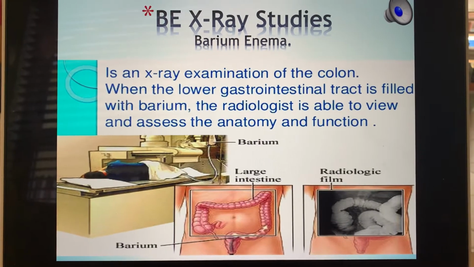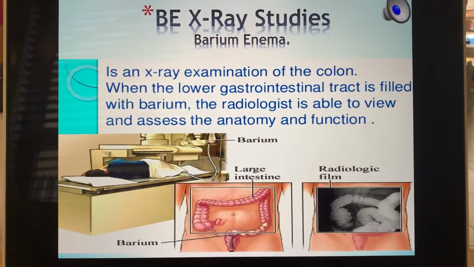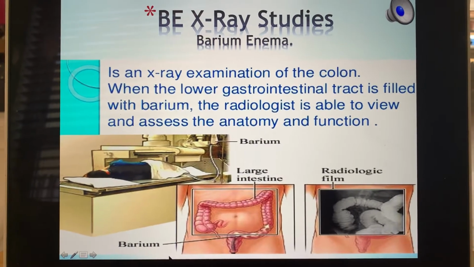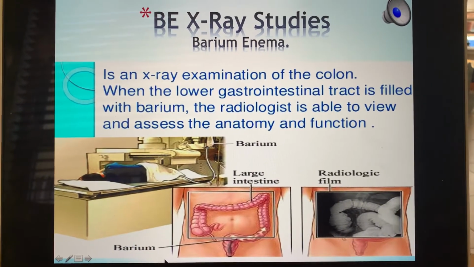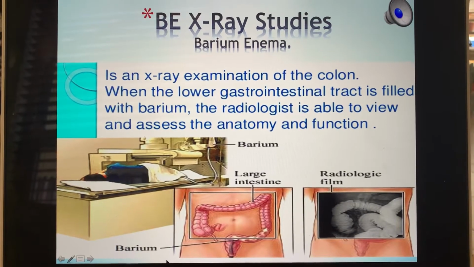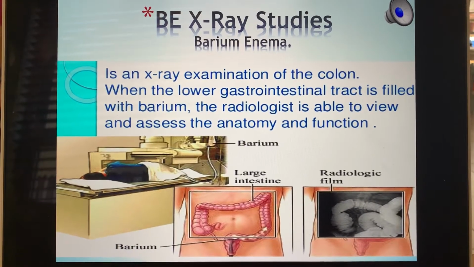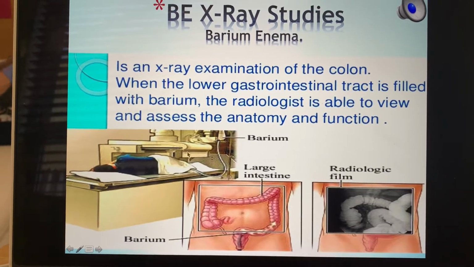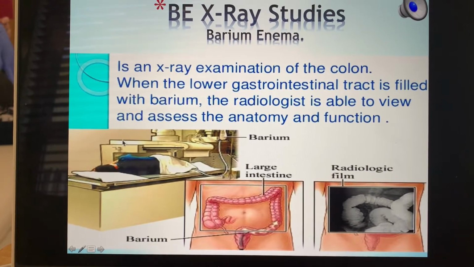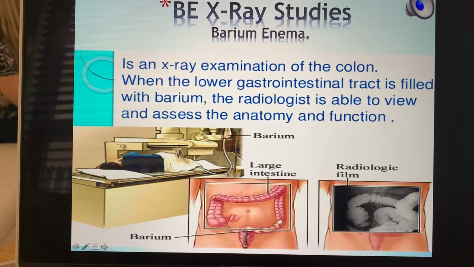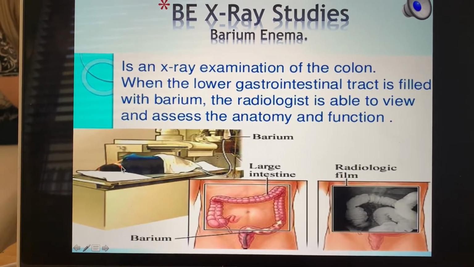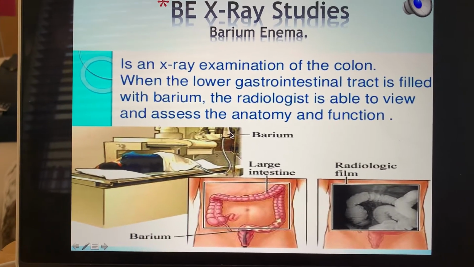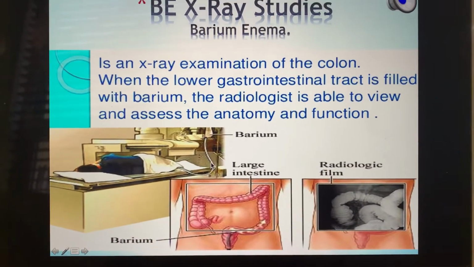BE X-ray studies, which is a barium enema, is an X-ray examination of the colon. When the lower gastrointestinal tract is filled with barium, the radiologist is able to view and assess the anatomy and function. Here we have a picture where you can see how the patient is lying down on the bed, and then it's done through fluoroscopy. We can see the bag of the barium, then we see the tube.